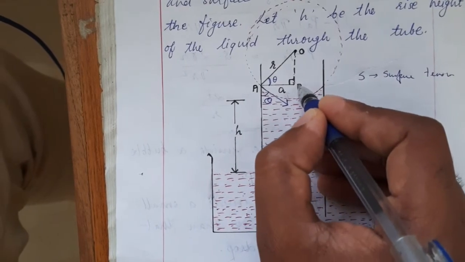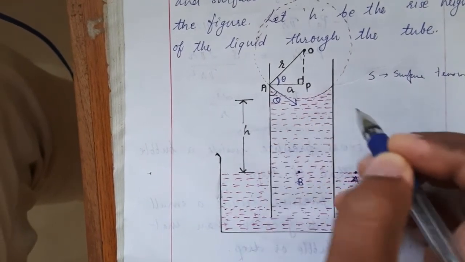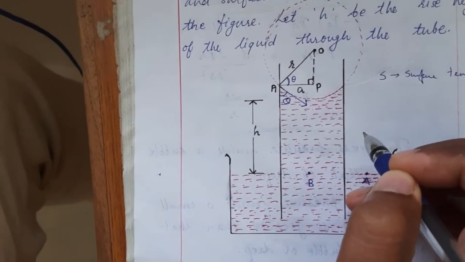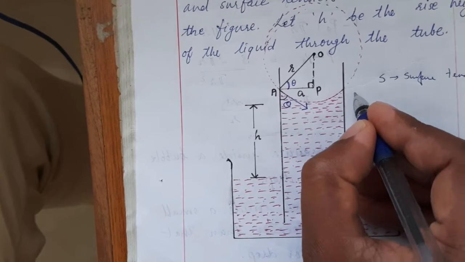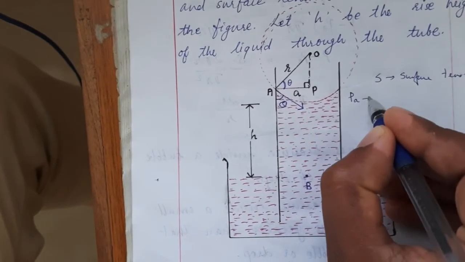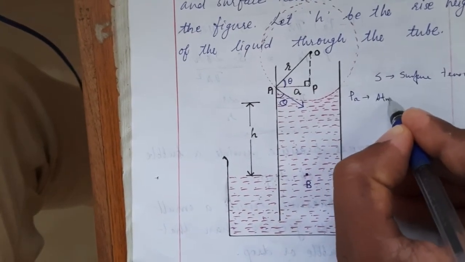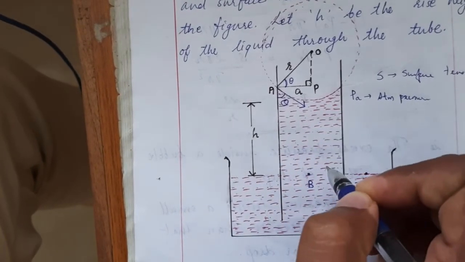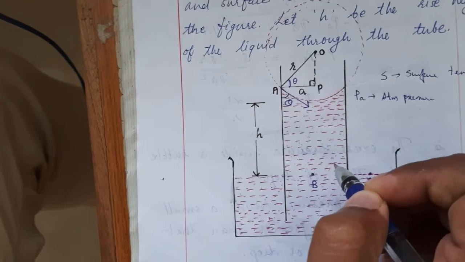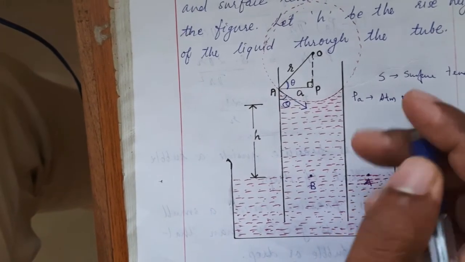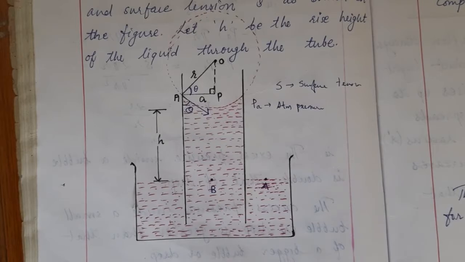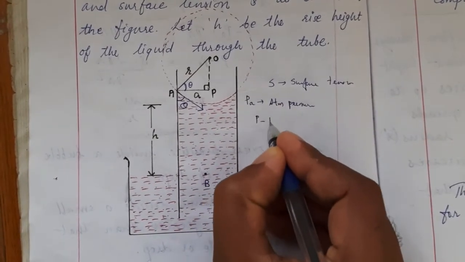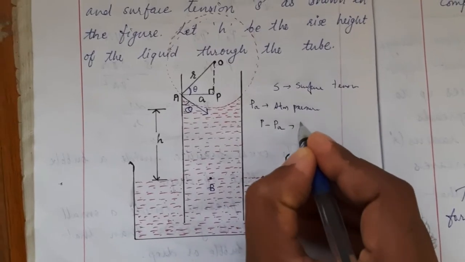The pressure inside is P, and the pressure on the outer surface is atmospheric pressure, that is PA. So the difference in pressure is P minus PA.